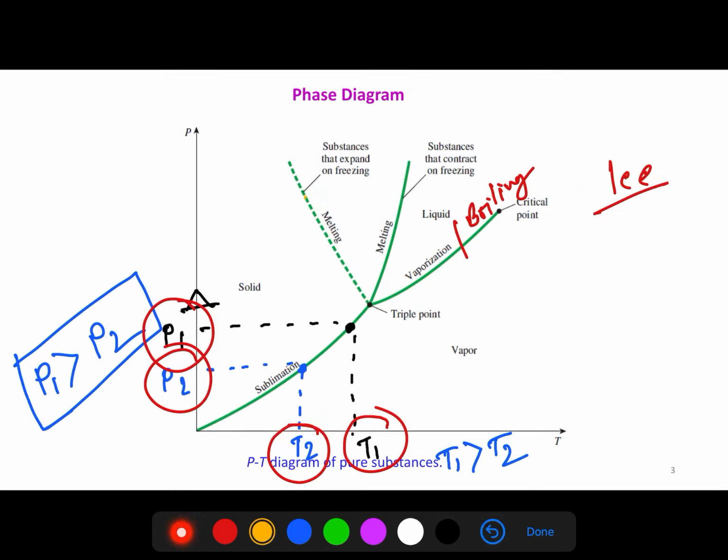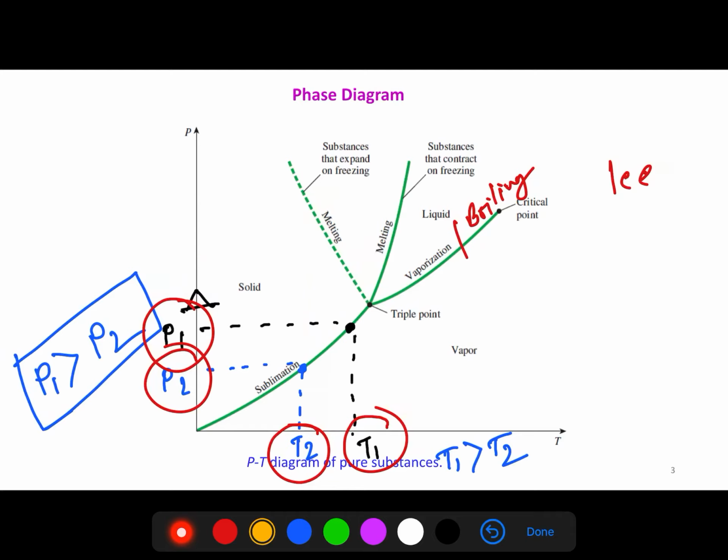Let's select this point, this is the pressure and this is the temperature. If we decrease the pressure here, the pressure is increasing in the upward direction, so it is less pressure here, but you will see the temperature will increase at this point. That's the important thing, and it will give us a downward curve.